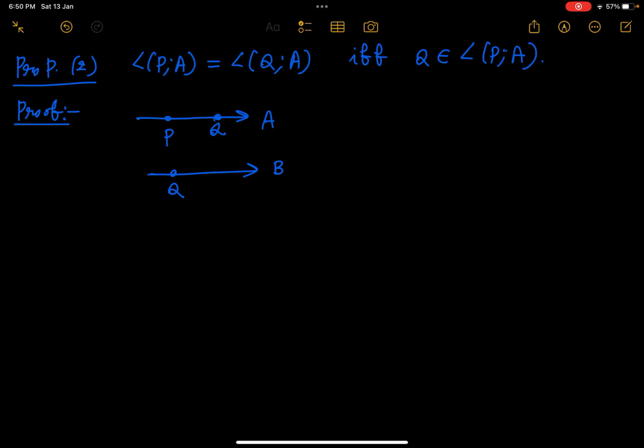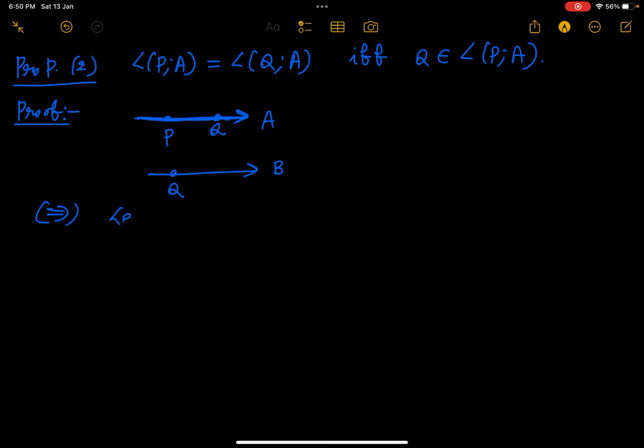Now suppose Q is on this line. If you have two points on the same line, then the line through Q in the direction of A will also be this line, at least from the picture it is fine. So let's prove it.